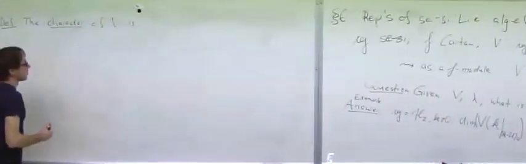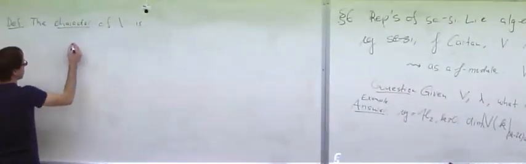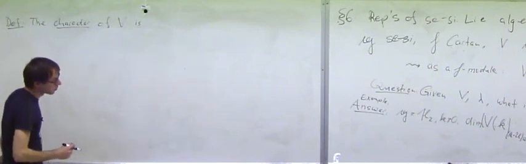This is the character of V, and this is just one way to define a generating function.